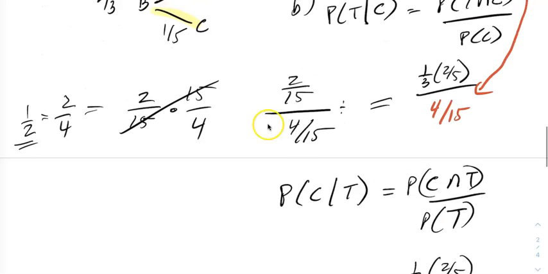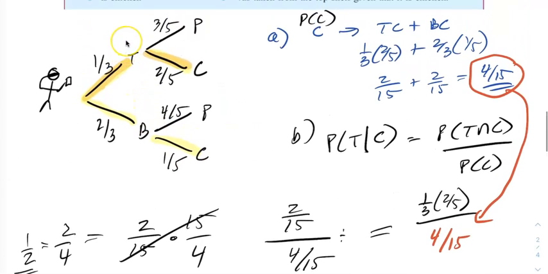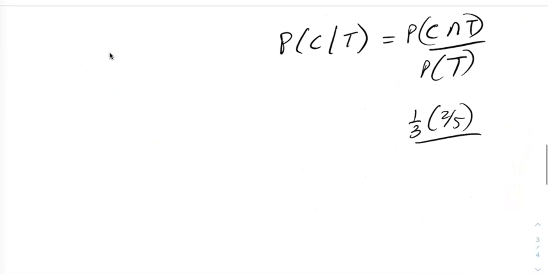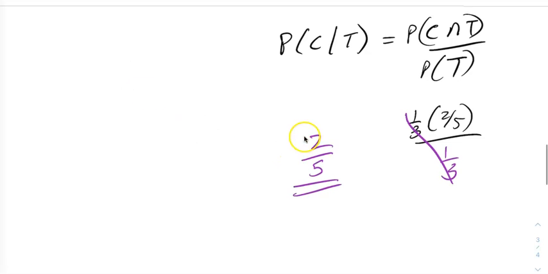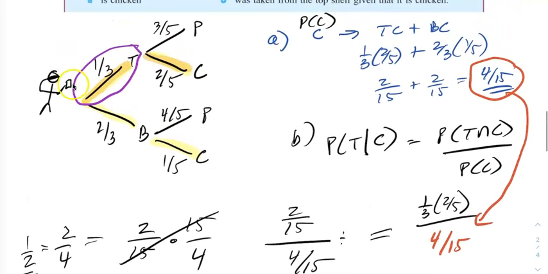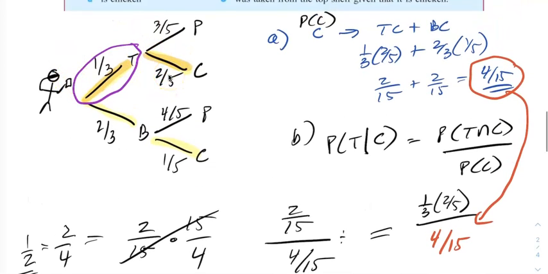How about the bottom, top shelf? Top shelf is literally just this thing right here. Only where you see top shelf is 1/3. So divide this by 1/3. Hey, these cancel out. 2/5. Which makes sense, because all it's saying is this. If you know you went to the top shelf, what's the odds of getting chicken? Well, 2/5. Anyway, that's the lesson.